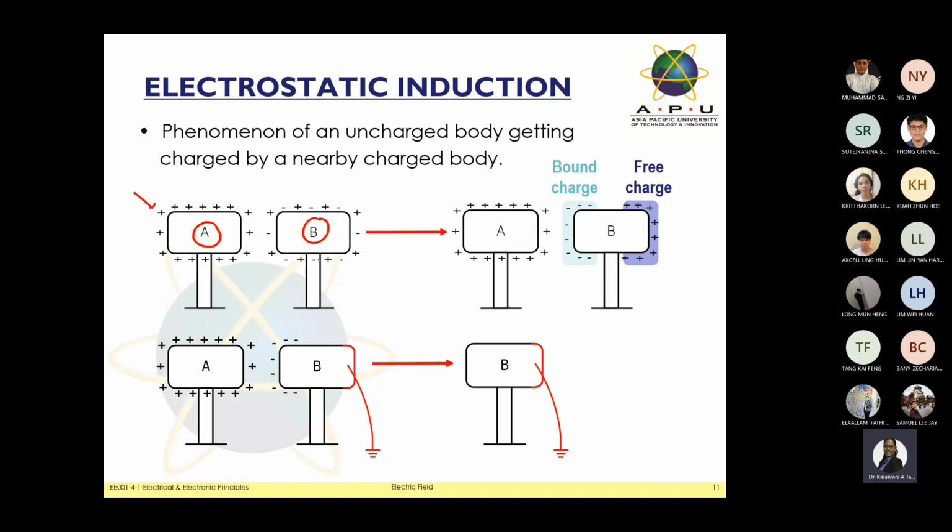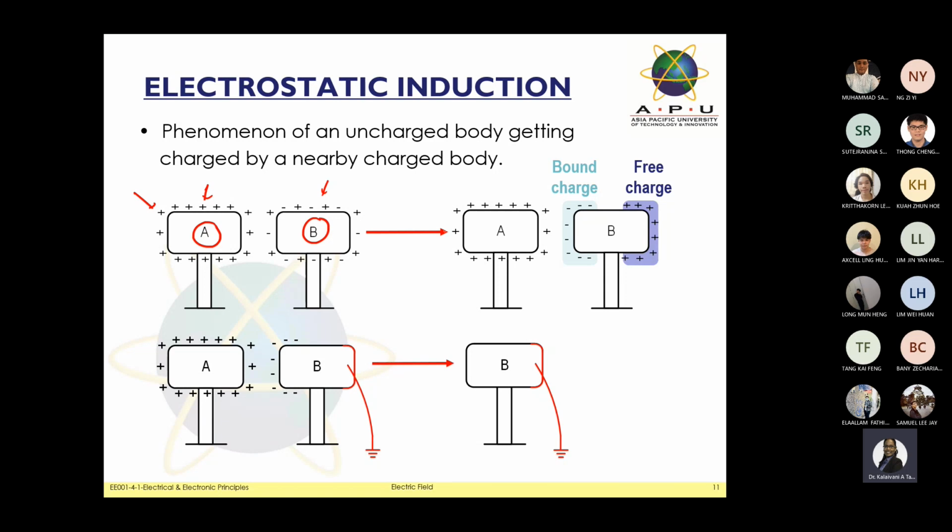All right. So in terms of the A, you can see all the charge surrounding it is positive charge. For the B, all the charge surrounding it is positive with negative. When the charge movement happens between the two, A and B, what will happen? They have a bound charge.